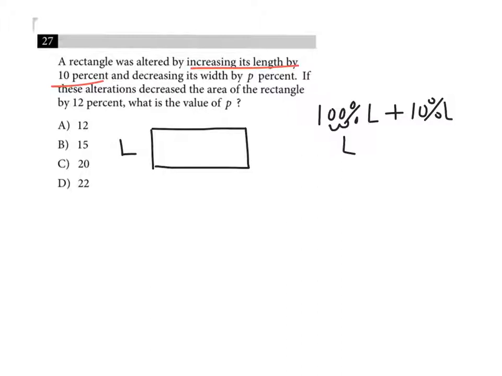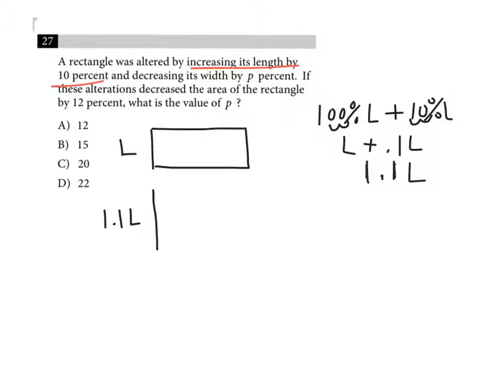So that's just L. 10%, I'll move the decimal point 2 to the left, is 0.1 L, which means our new length is going to be 1.1 L.